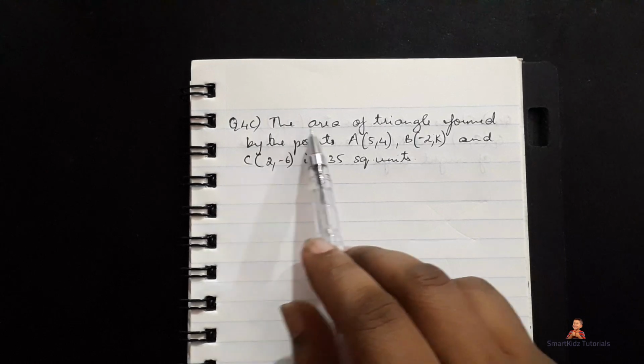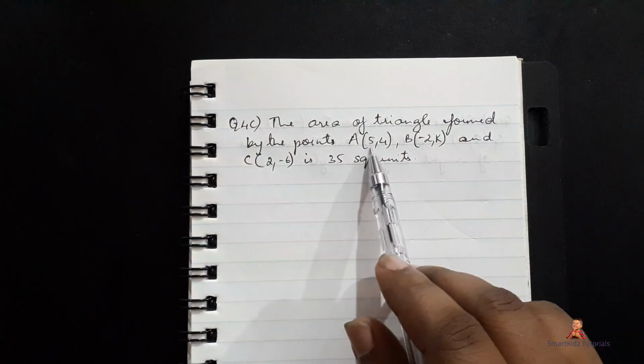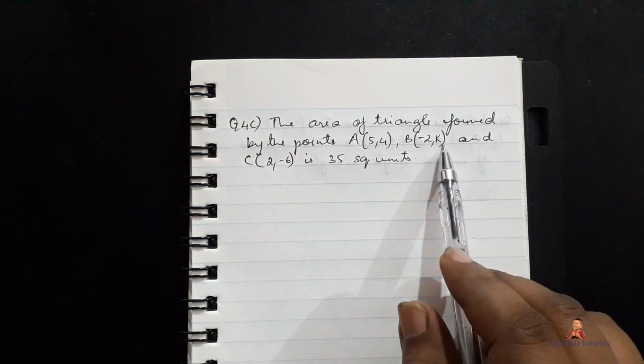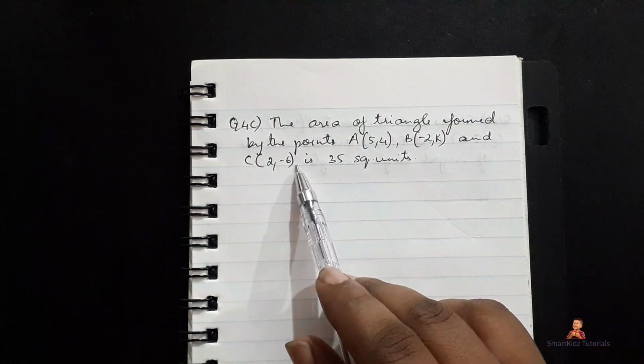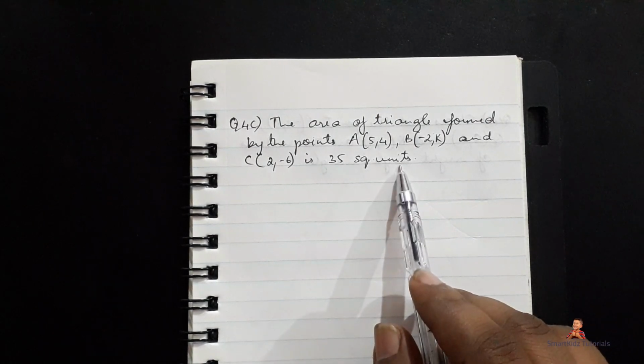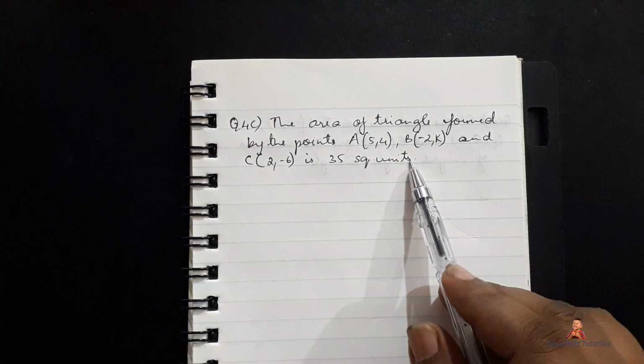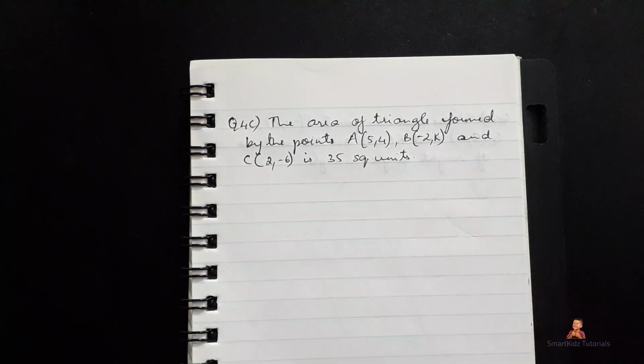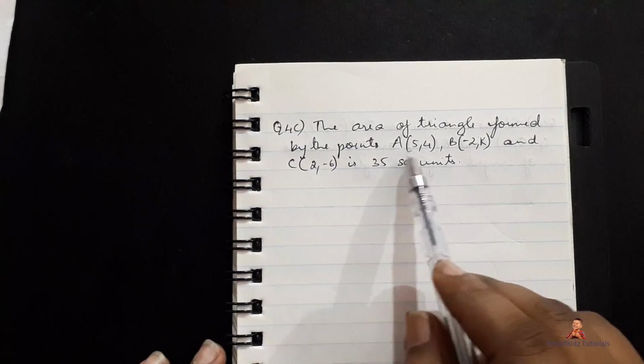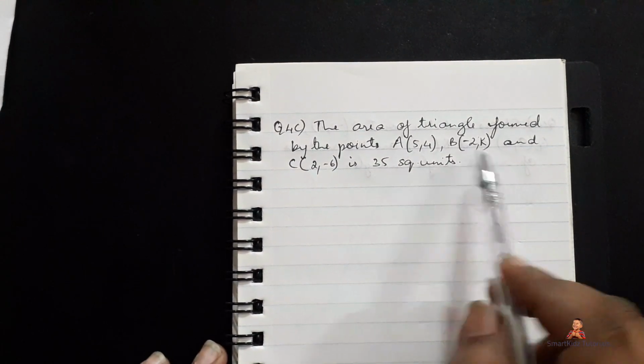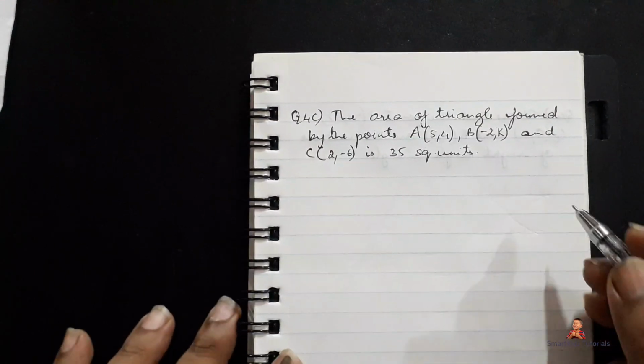Question 4c. The area of the triangle formed by the points A (5, 4), B (minus 2, k), and C (2, minus 6) is 35 square units. Fine. And we need to find from here the value of k. First, what we'll do is mark these as x1, y1, x2, y2, and x3, y3. Let's assume that.